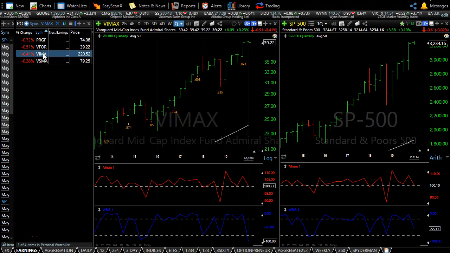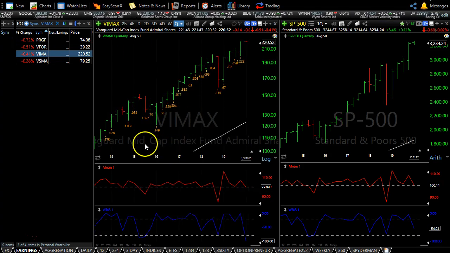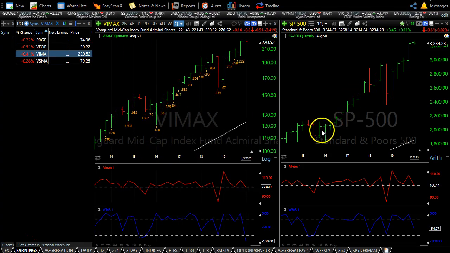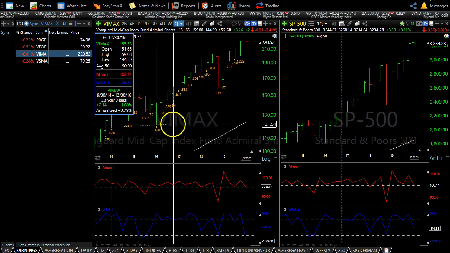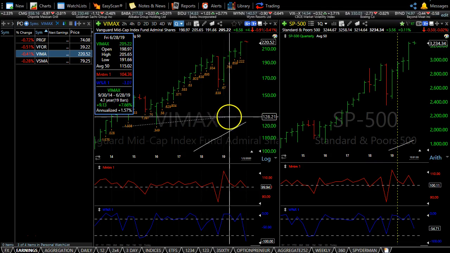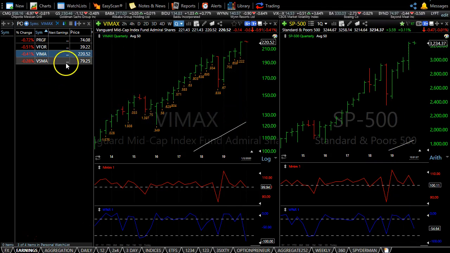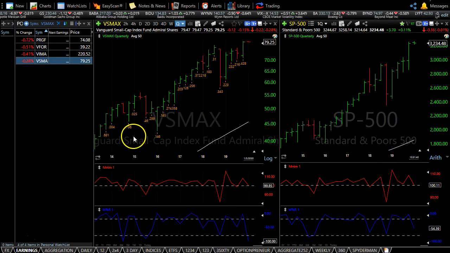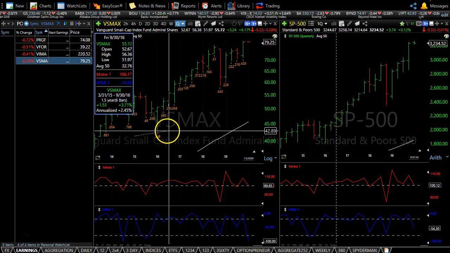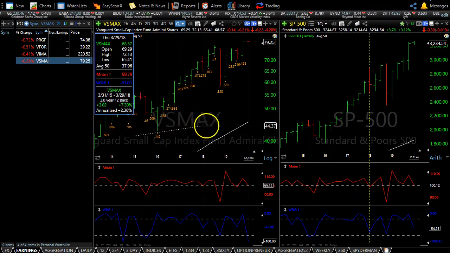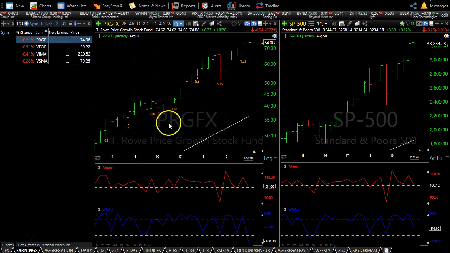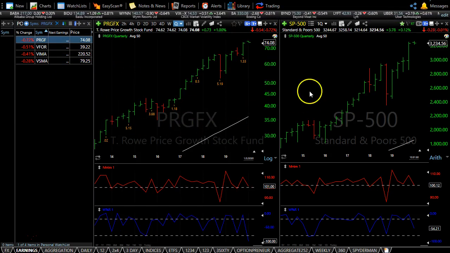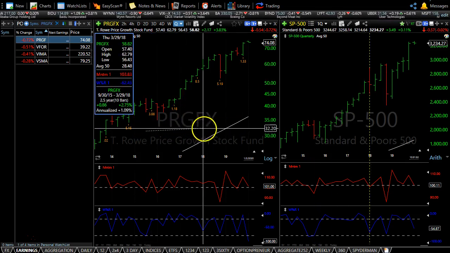Let's look at some other funds. This is the mid-cap index. As you can see here, it mirrors exactly what the S&P does. It's a mirror image of it. It tracks it. This is the small cap, and this is a growth stock fund, which mirrors it too.